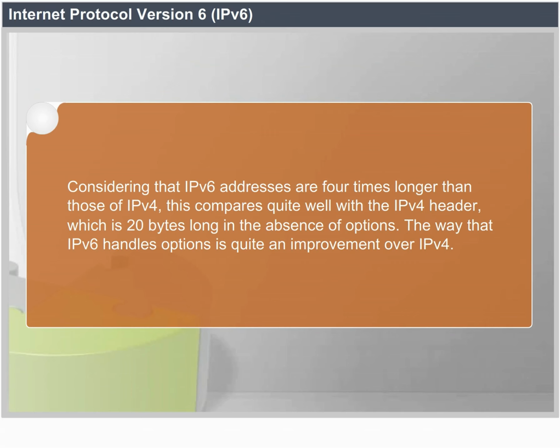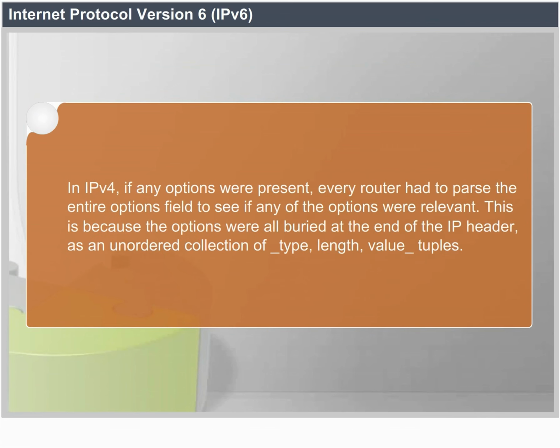The way that IPv6 handles options is quite an improvement over IPv4. In IPv4, if any options were present, every router had to parse the entire options field to see if any of the options were relevant. This is because the options were all buried at the end of the IP header as an unordered collection of type, length, value tuples.